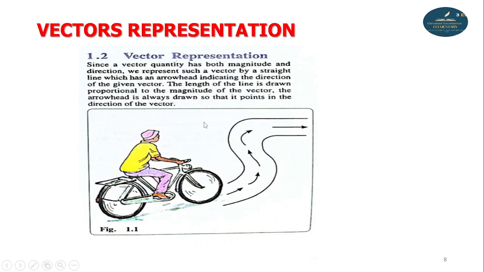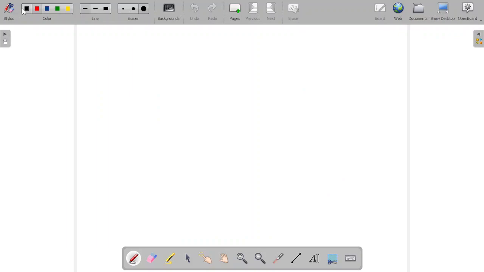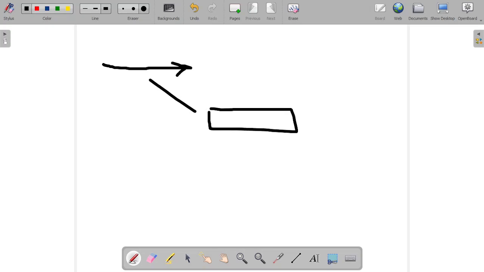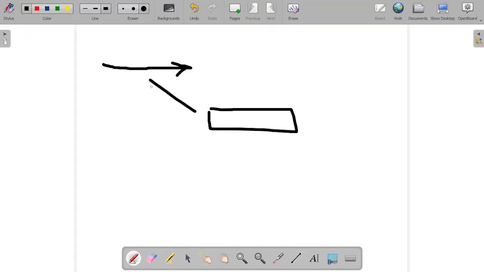So here it is, a vector is represented by a straight line which has an arrowhead. The arrowhead indicates the direction of the given vector.